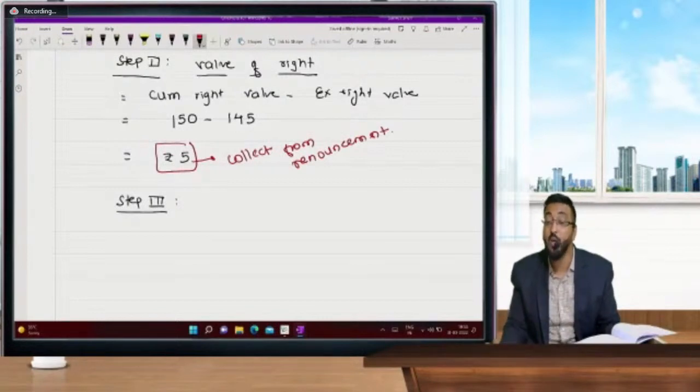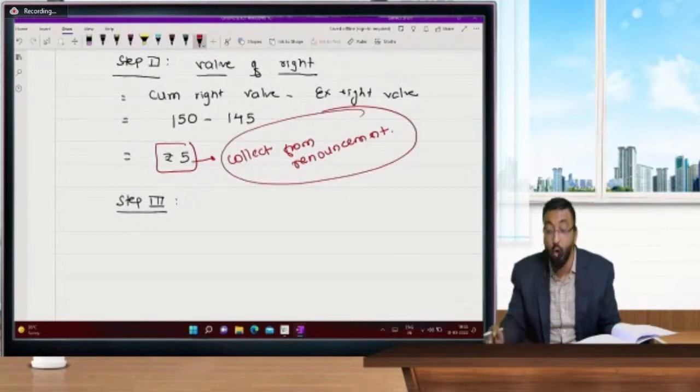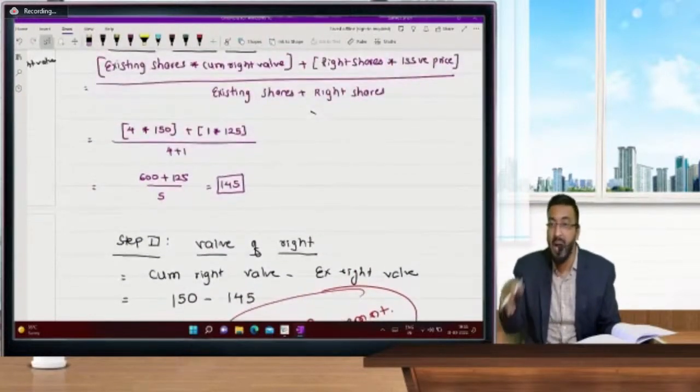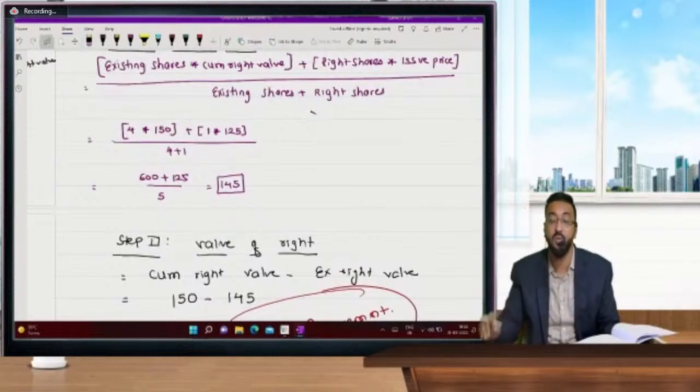You will tell your shareholder, friend, my share price before the right issue was 150. Don't write this in the exam, I'm telling you the logic. But after the right issue, my theoretical price goes down and 1 share is 145.